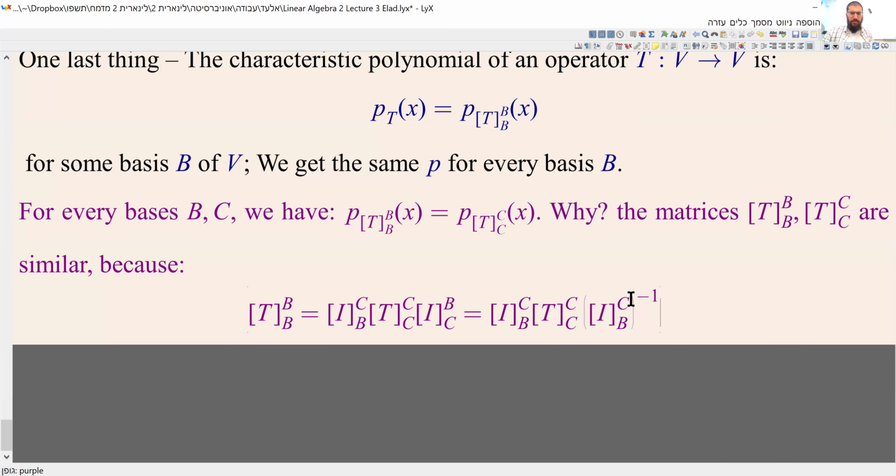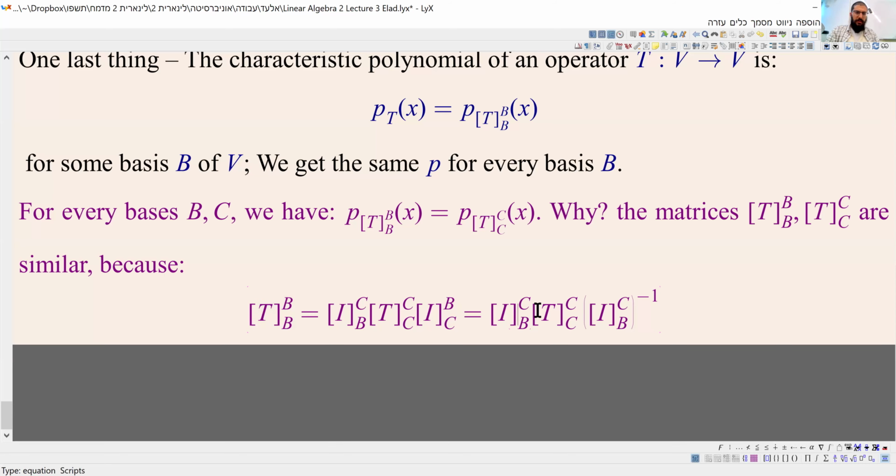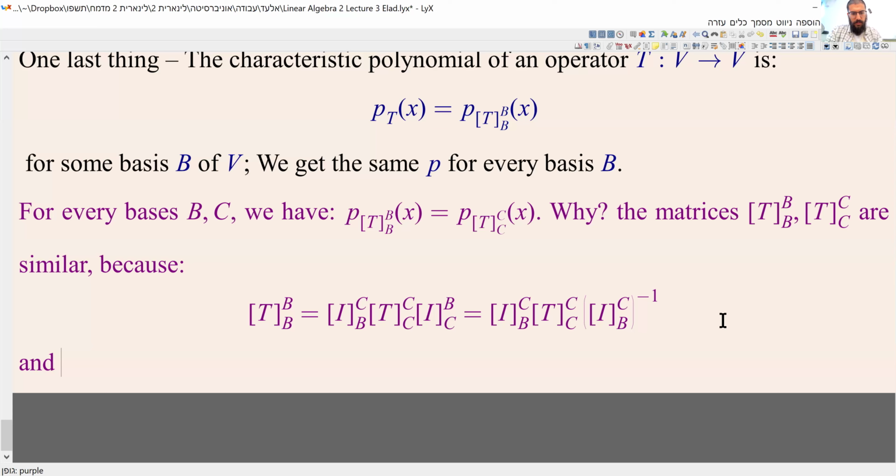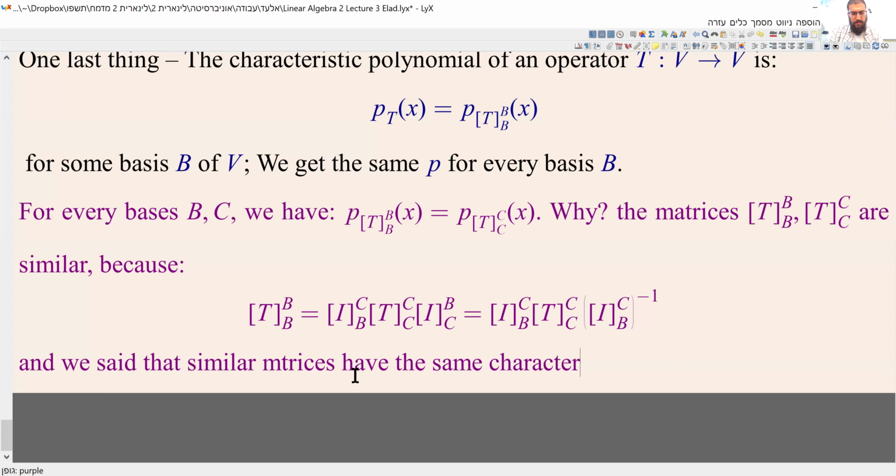And we defined today the similarity between matrices. If one matrix is P^-1 A P, they are similar. As we said before, that's actually the matrix P for the definition. And we said that similar matrices have the same characteristic polynomial.